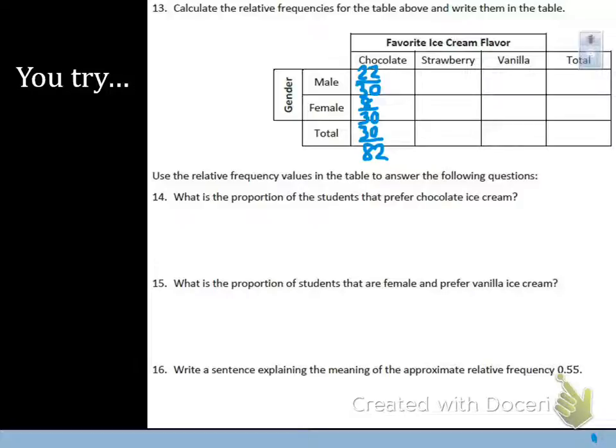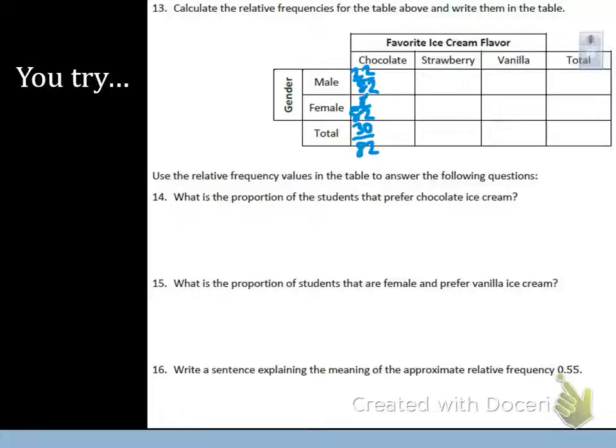Okay, sorry, I have to go back to this, and I messed up on the total. So it's actually for the males that preferred chocolate ice cream, it was 22 over 82. There were 82 total people that were surveyed. So it's 22 over 82. This is 8 over 82. And this was 30 over 82.